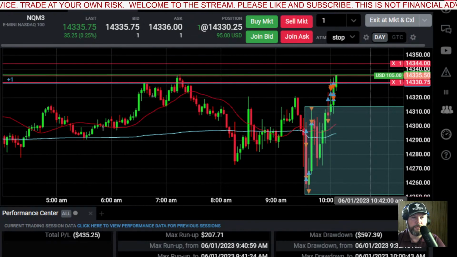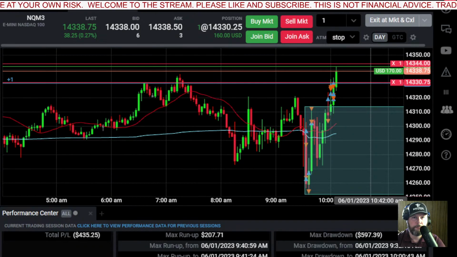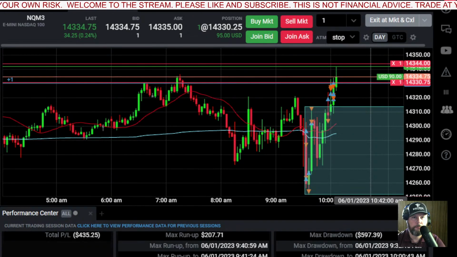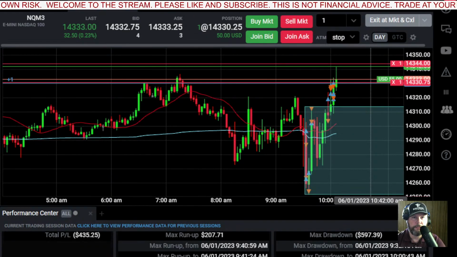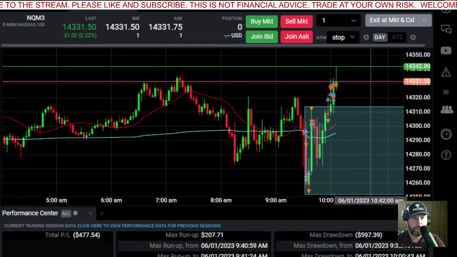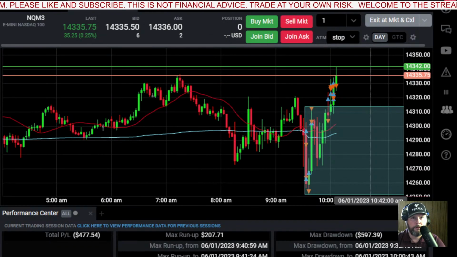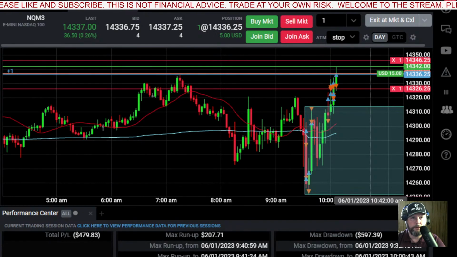All right, I'm going to move my stop to break even now that we're up $100 on this trade. Looking for more here. We took out the 36 level. I might have got a little too greedy there, I guess. Let's see. Wow. We're going to re-enter again here.